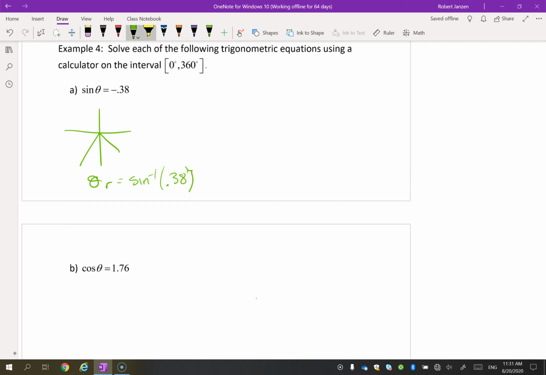So let's go 0.38 and then second sine. So I think you should have 22 degrees here. So theta will be 180 plus 22, so 202. And then 360 take away 22, that will be 338.